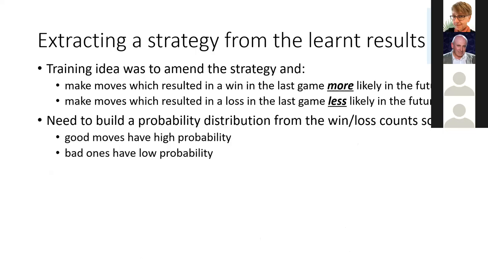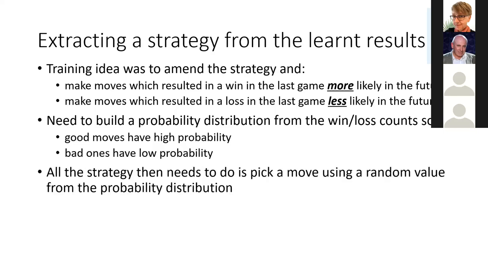So what we're actually doing is building up a probability distribution from the win and loss counts, such that good moves have a high probability and bad ones have a low probability. And then all our strategy needs to do is select from that probability distribution to give us the best move. The good moves will be made with high probability and the bad moves with low probability.